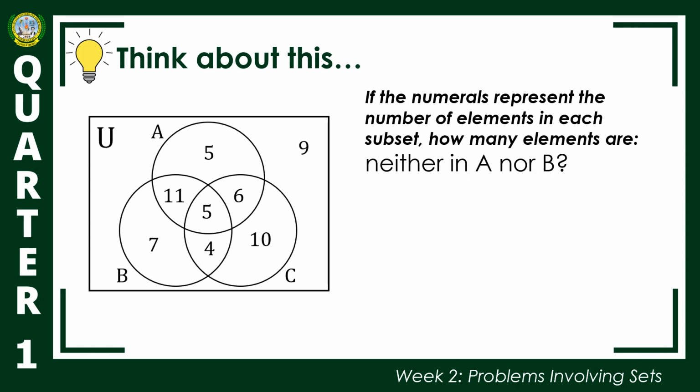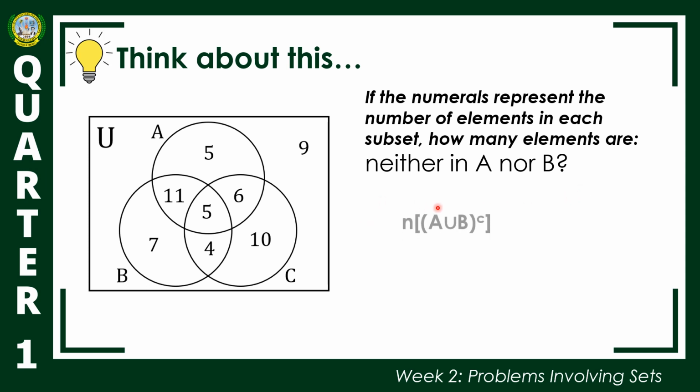Next is, how many elements are neither in A nor B? Ang keyword natin ay neither nor. Pag sinabing neither in A nor B, ano yung mga elements na wala kay A at wala rin kay B?